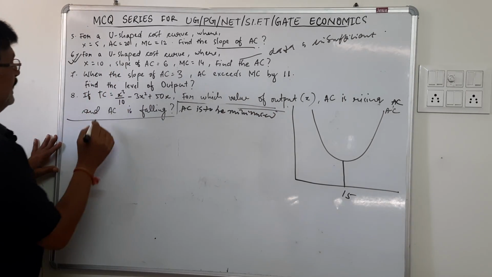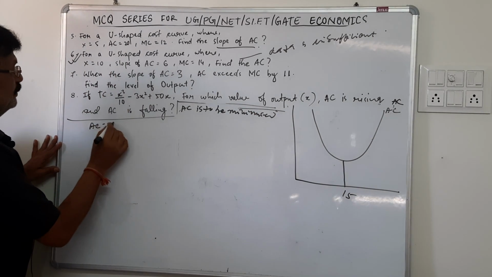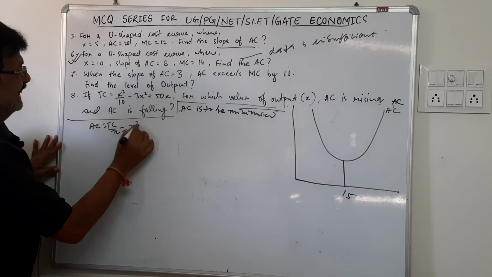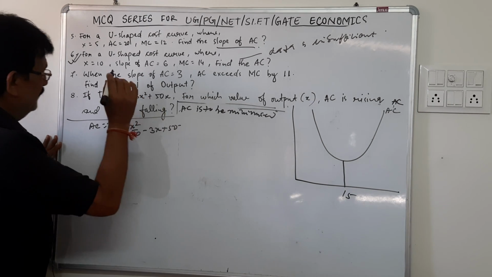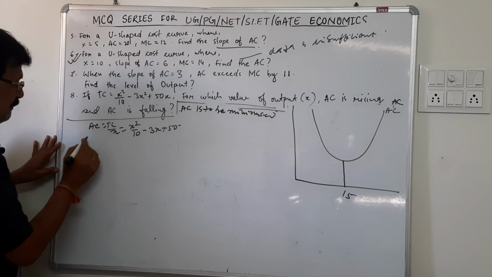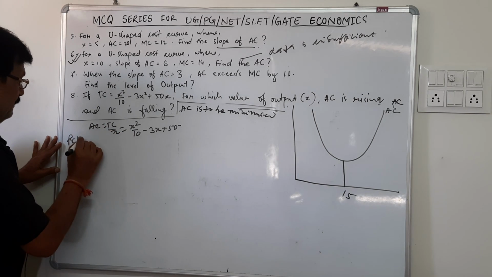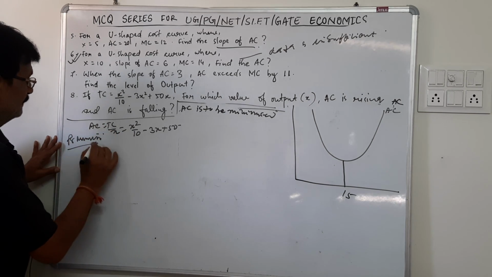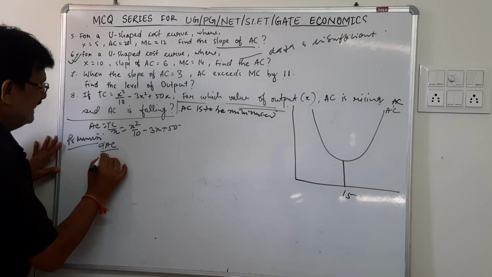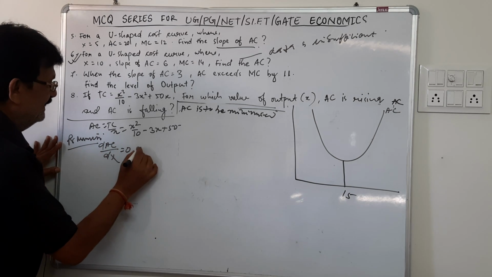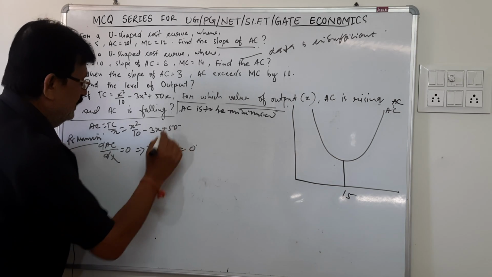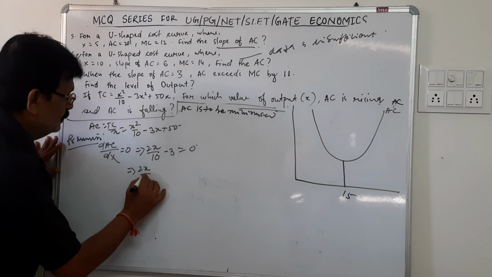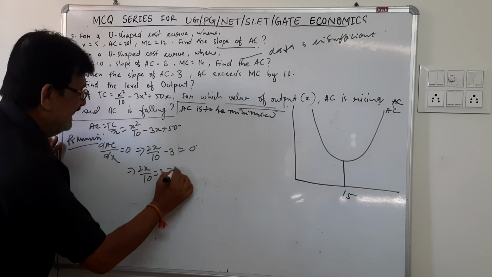Now, corresponding to this TC, AC would be TC by X, that is X square by 10 minus 3X plus 50. Now this AC has to be minimized. So for minimum, dAC by dX is 0, that is 2X by 10 minus 3 is 0, that is 2X by 10 is 3.